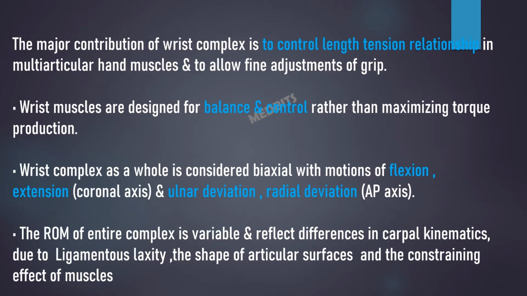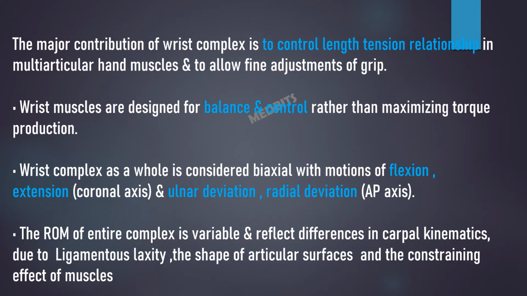Now, the major contribution of the wrist complex is to control the length-tension relationship in multi-articular hand muscles and to allow fine adjustment of grip. Right? This is something that we know, it's basic. Now, coming to the next point, wrist muscles are designed for balance and control rather than maximizing torque production.